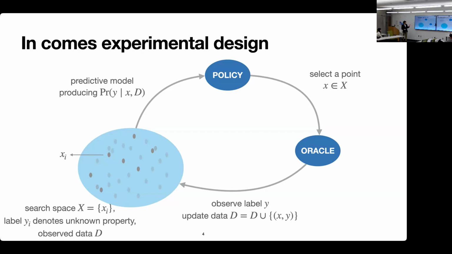And then this model guides what's called a decision-making policy to pick out new data points to label, new experiments to perform. And performing an experiment is modeled as querying an expensive oracle. So this oracle will return the label of the data points that you have selected. And then you update your data set and repeat this entire procedure until you run out of time or money.